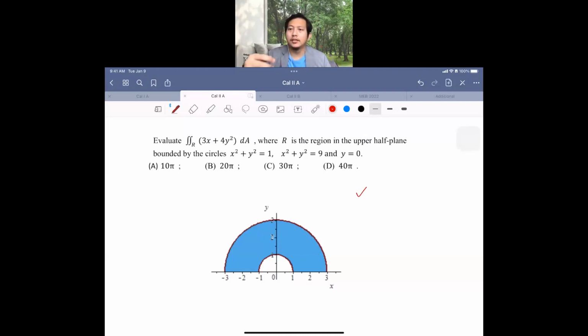Anyone calculate the answer? We'll wait for a few minutes.